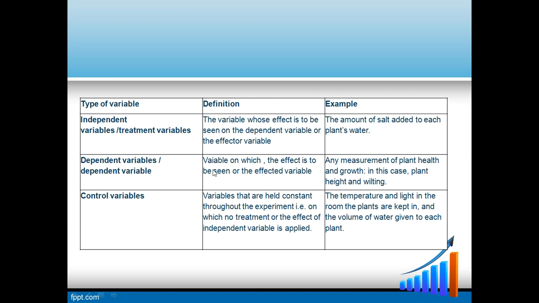Similarly, dependent variables are the variables on which the effect is to be seen. Example, any measurement of plant health and growth, in this case plant height and wilting. The third one is the control variable, the variables that are held constant throughout the experiment, on which no effect of the independent variable is applied. The temperature and light in the room the plant is kept in, and the volume of water given to each plant, are control variables.